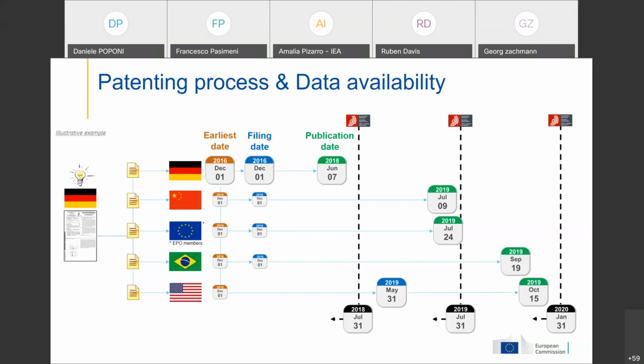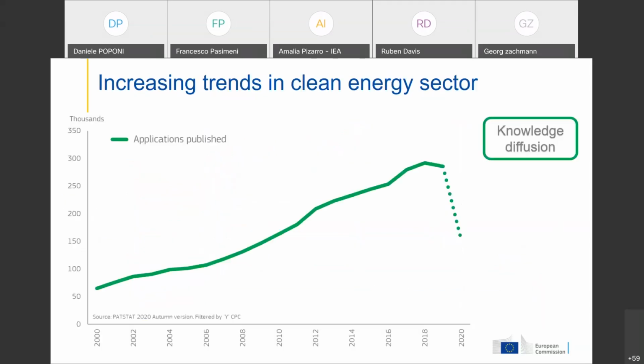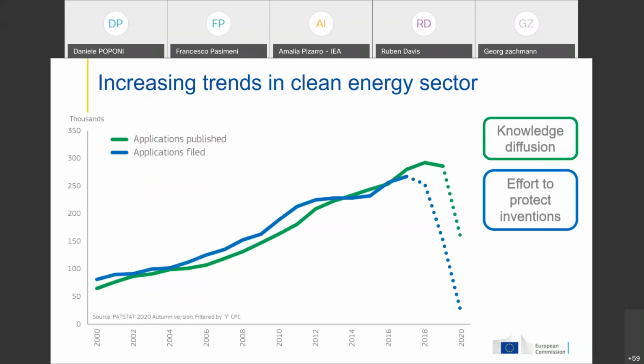So considering all this rich information, we can analyze the trends in the clean energy sector. When we analyze how many patent applications are published each year, we have a metric of how much new knowledge is introduced each year. When we analyze the number of applications filed each year, we have a measure of the effort to protect inventions, since we know that each application comes at a certain cost.